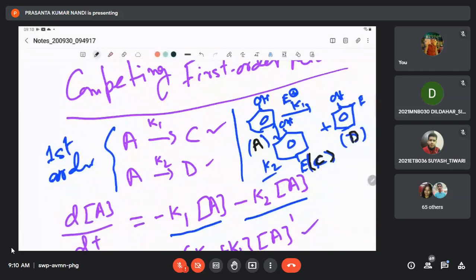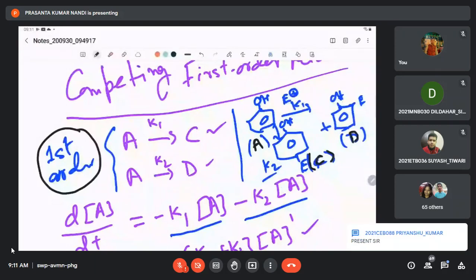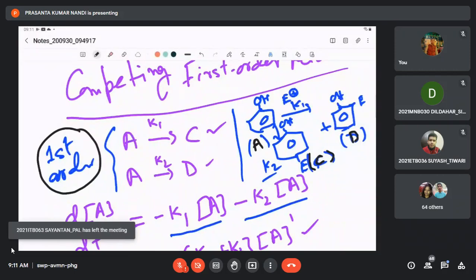So both the steps, that is whether A to C or formation of A to D, both obey first order kinetics. This is very important. Both the side reactions, or competing reactions, A to C or A to D, follow the first order kinetics.